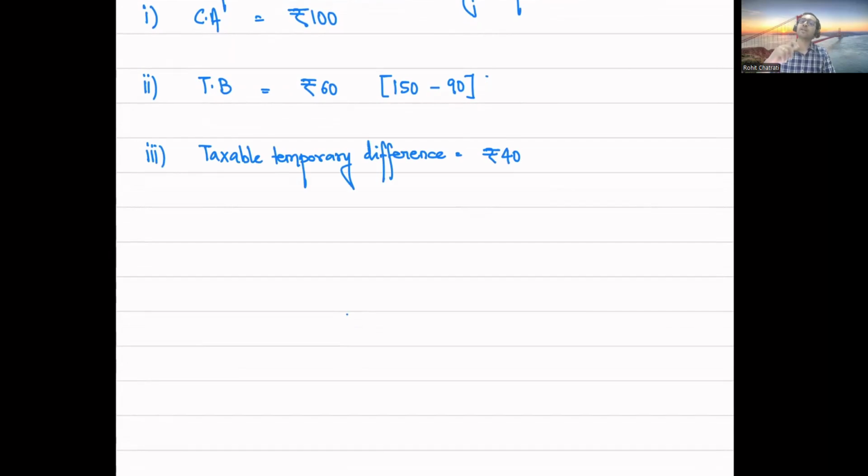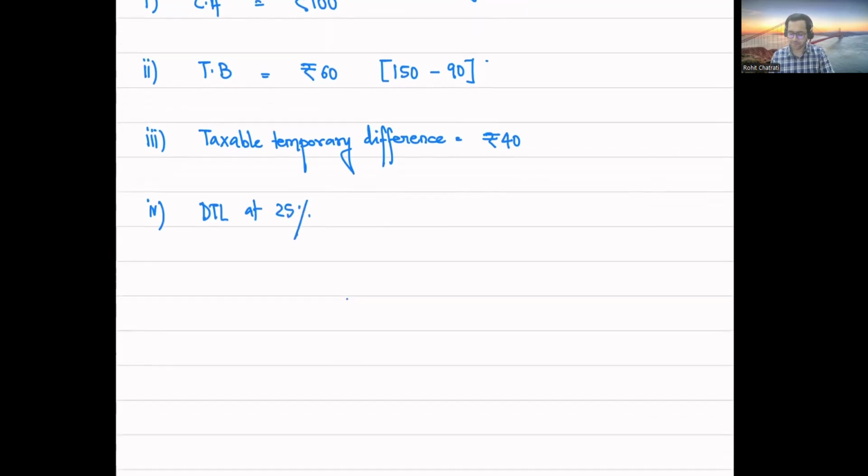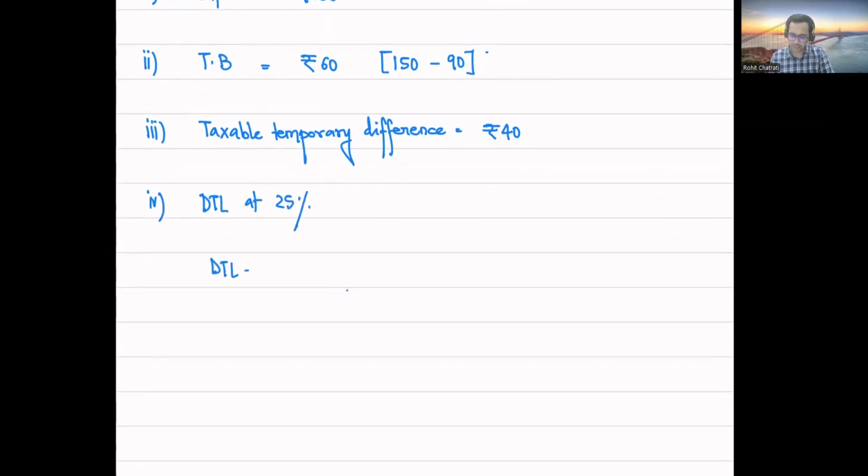I will have to pay taxes on this in future. Because I have to pay taxes in future, I will be recording a DTL today. The question mentioned the tax rate as 25%. Therefore, my DTL is going to be equal to 40 multiplied by 25%, which is equal to rupees 10.